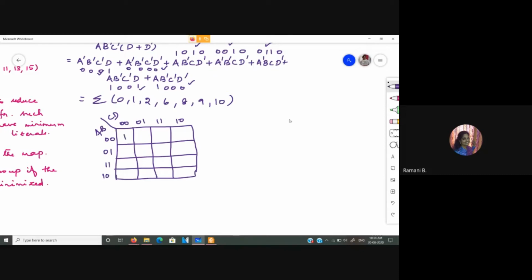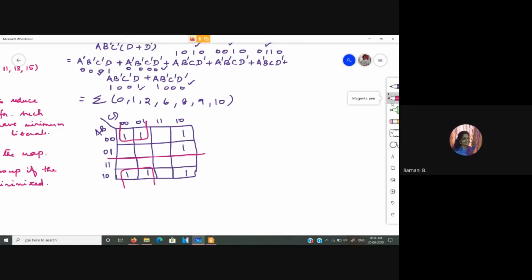So 0 1 2 6 8 9 and 10. So this is what we are having. So here in this, if we are going to group it by folding it at this point, I find these 4 forming a quad.